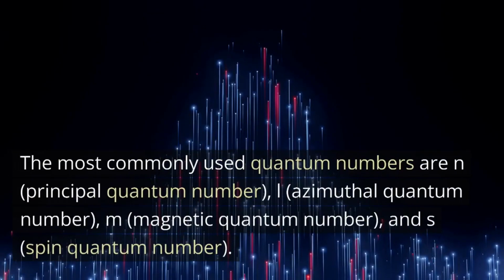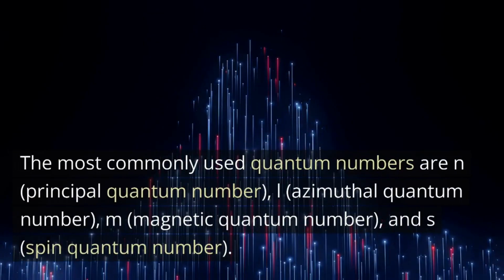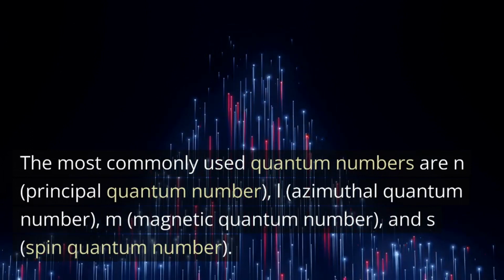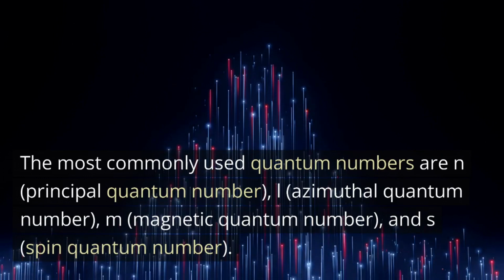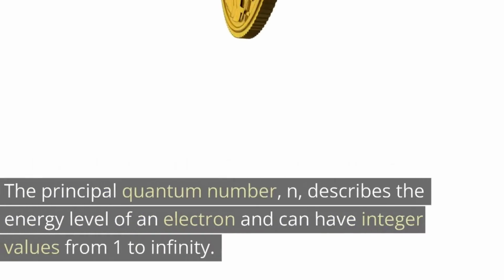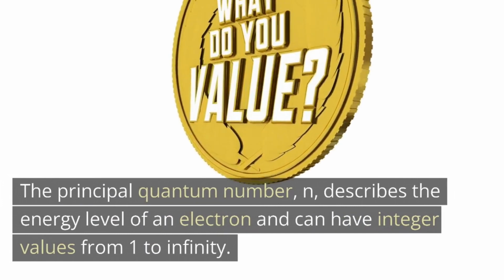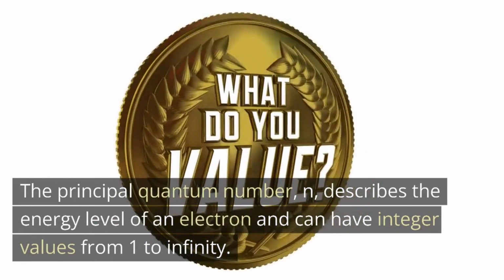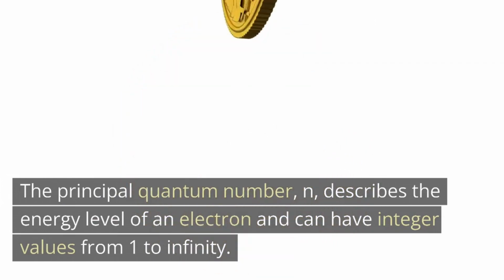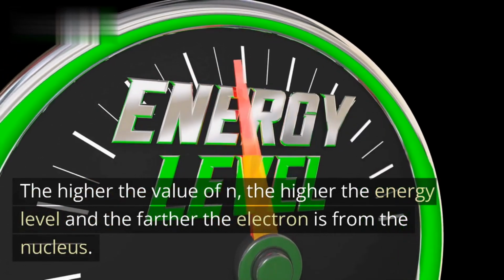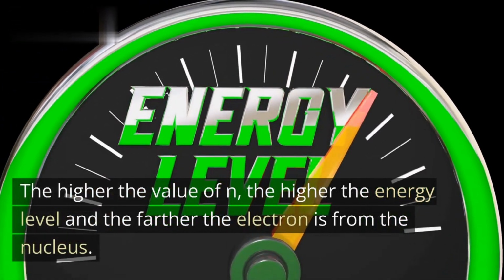The most commonly used quantum numbers are n, principal quantum number, l, azimuthal quantum number, m, magnetic quantum number, and s, spin quantum number. The principal quantum number, n, describes the energy level of an electron and can have integer values from 1 to infinity. The higher the value of n, the higher the energy level and the farther the electron is from the nucleus.